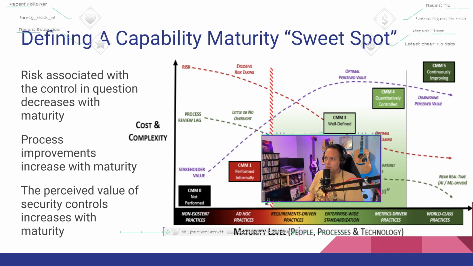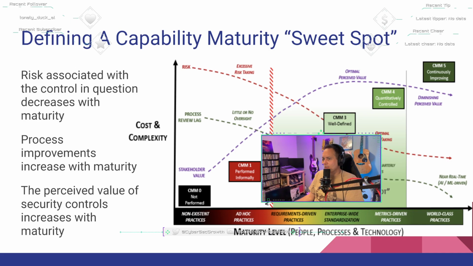Let's talk about risk considerations. Risks associated with the control in question decrease with maturity, but noticeable risk reductions are harder to attain above CMM3. Oversight and process automation can decrease risk, but generally not as noticeably as steps taken to attain CMM3.